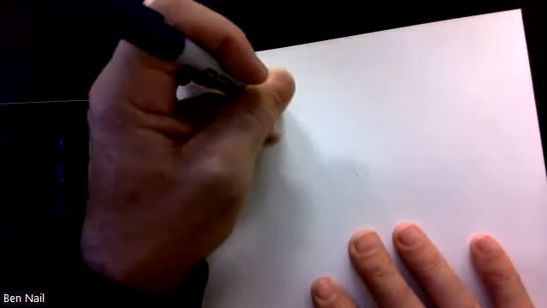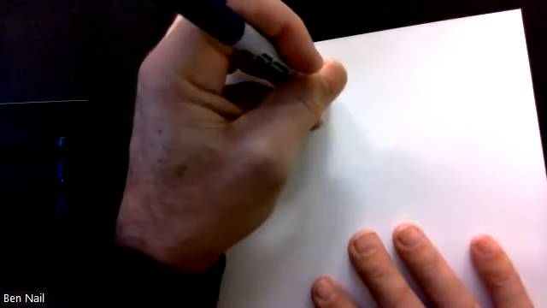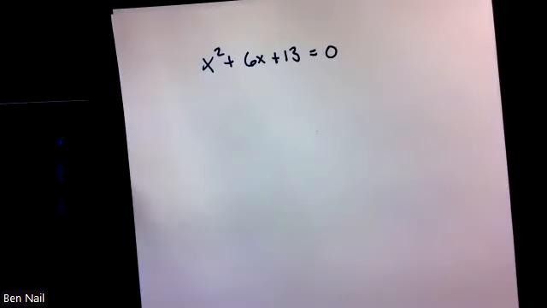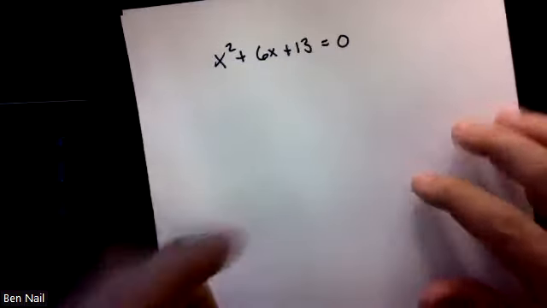All right, so here's another example. Now, I like this example because this is similar to the problem that we were able to solve a couple of units ago where we solved by factoring. This one does not factor, but you can still solve it. All right, so we're going to solve using the quadratic formula.